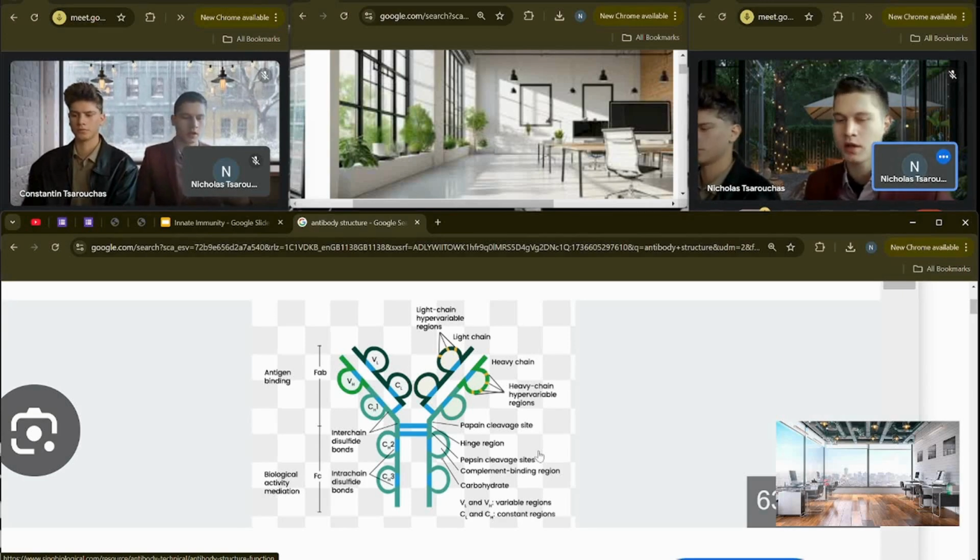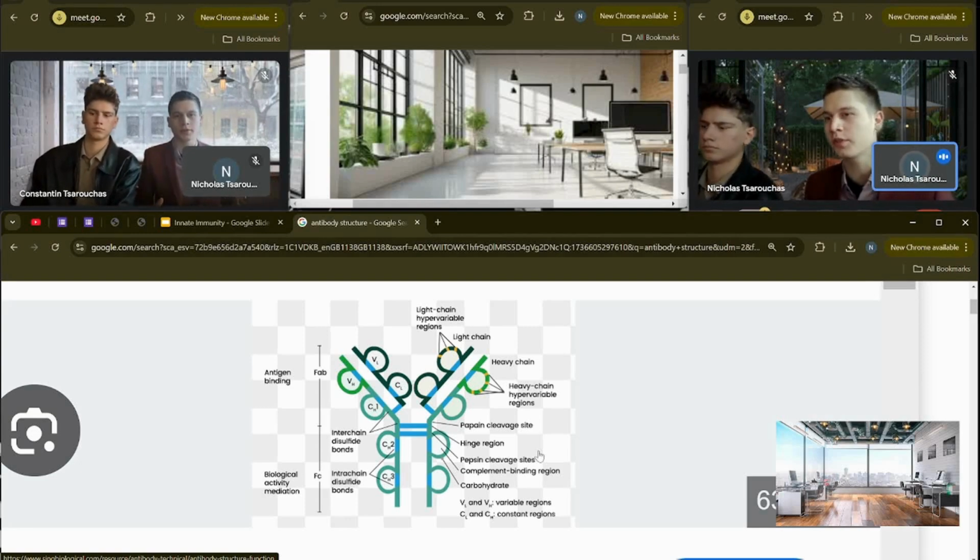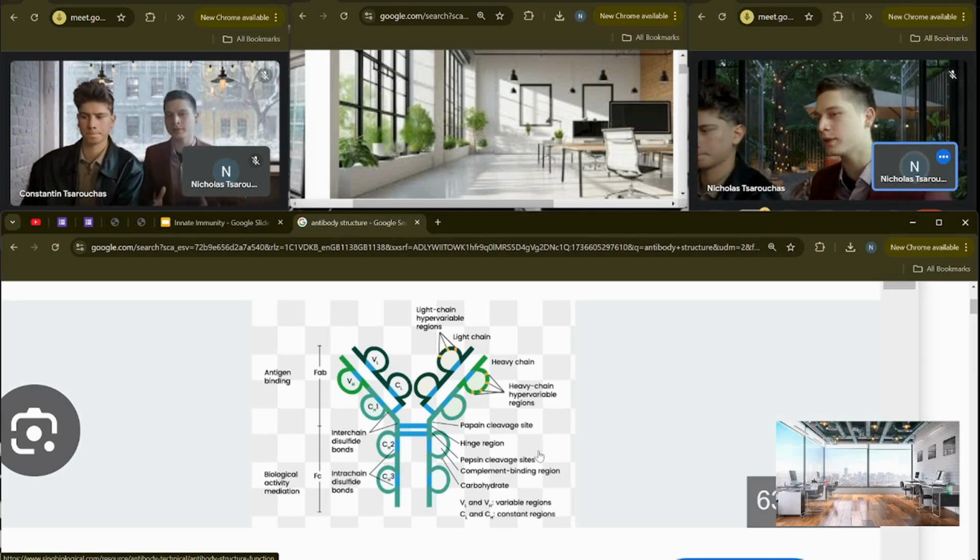The reason we'll explore it in this podcast episode is because the adaptive and innate immune systems, you might think of them as two separate things, but they really act together. You have your initial innate responses, then you prime the adaptive immune response to produce antibodies, to produce cytotoxic T lymphocytes, which will then again communicate with your innate immune cells.